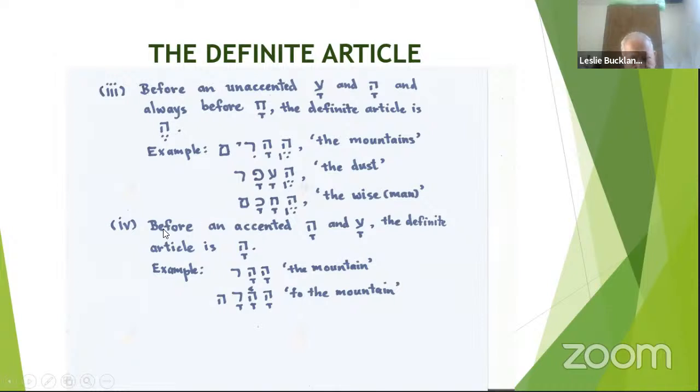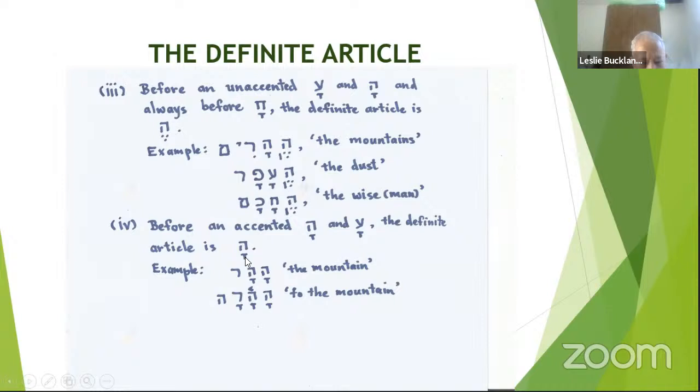Another rule for the definite article and the change that takes place in it, before an accented a and ha. Now notice the difference. This was unaccented. This is accented. Before an accented a and ha, the definite article is ha.